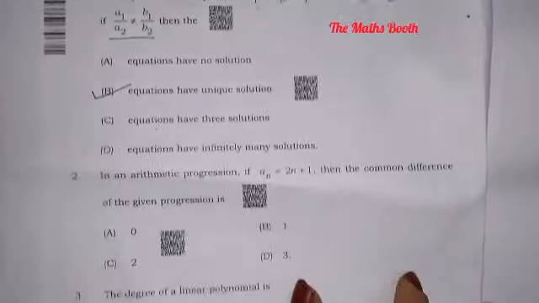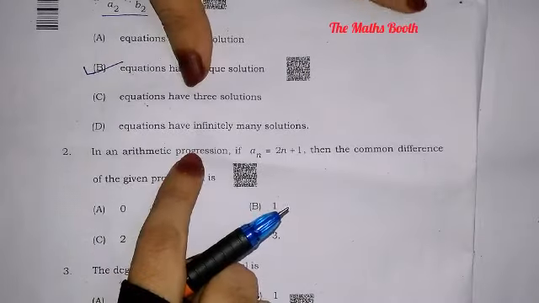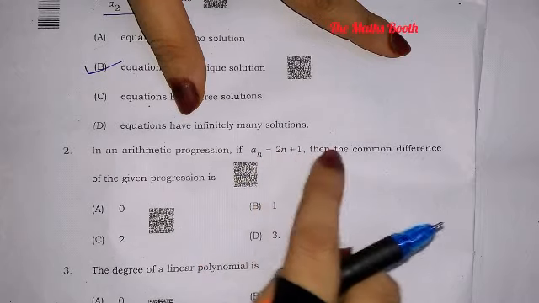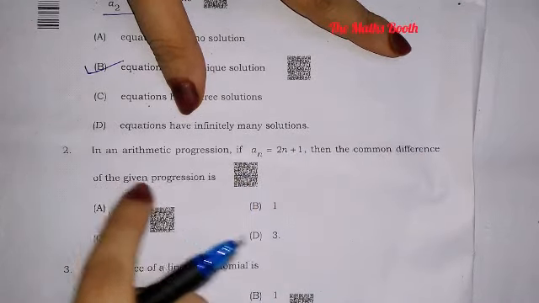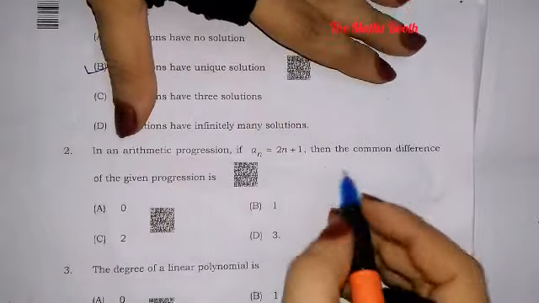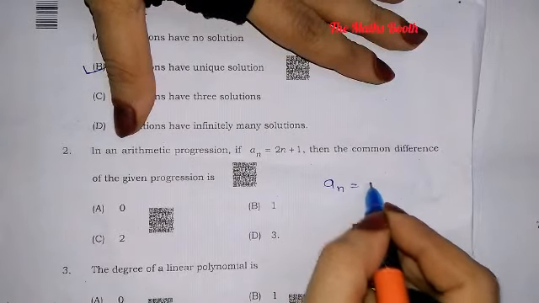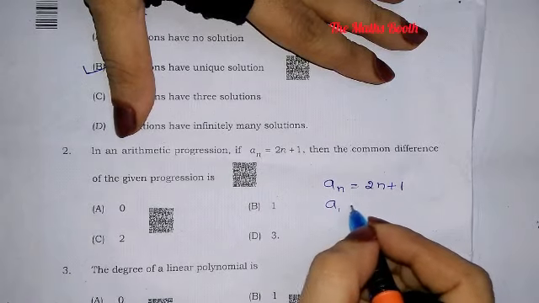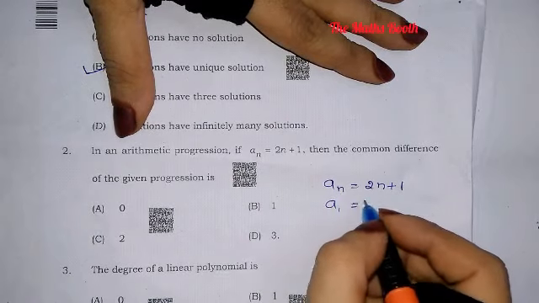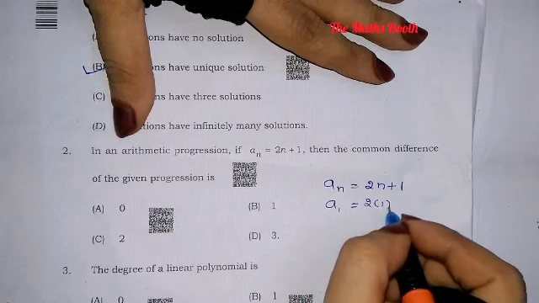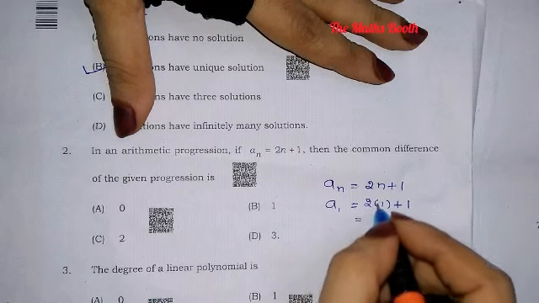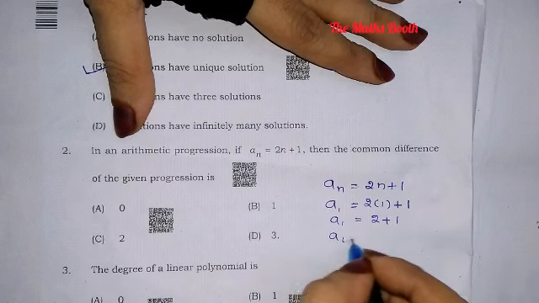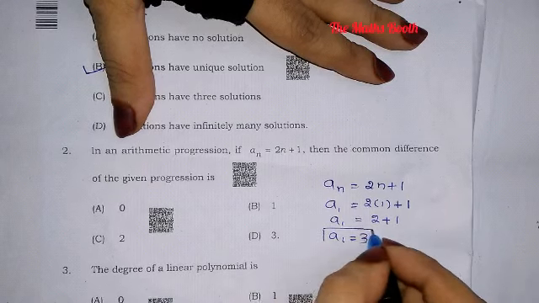Let us see the second question. In an arithmetic progression, if an is equal to 2n plus 1, then the common difference of the given progression is. We know that an is equal to 2n plus 1. So a1, in place of n I am going to put 1: 2 ones are 2, 2 plus 1, so a1 is 3.